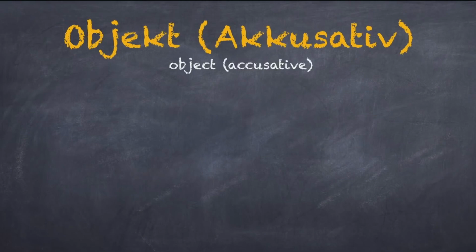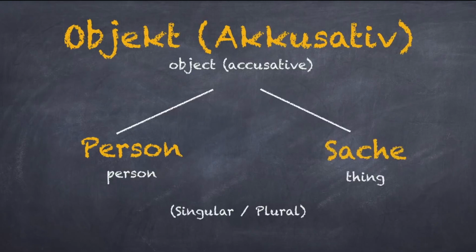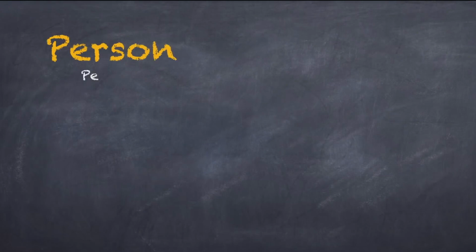So, the Objekt in Accusativ can either be a Person oder Sache, and these can either be in singular or in plural. Now let's take an example for each one of these.